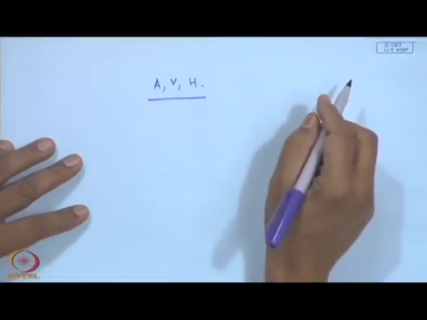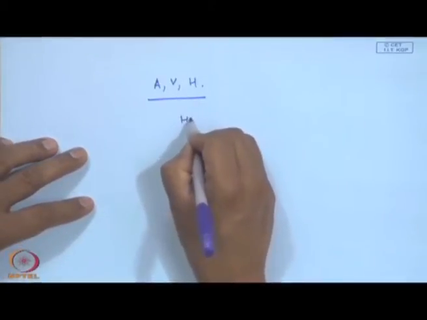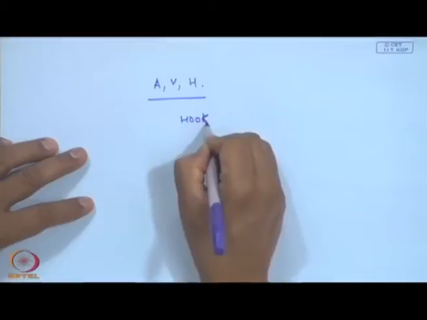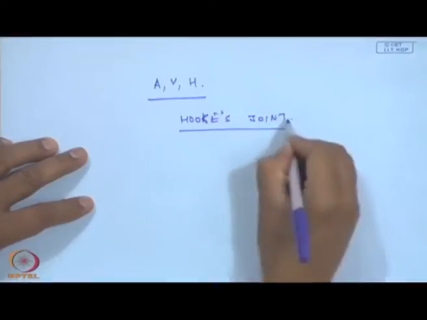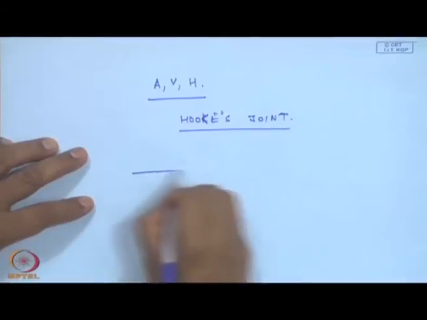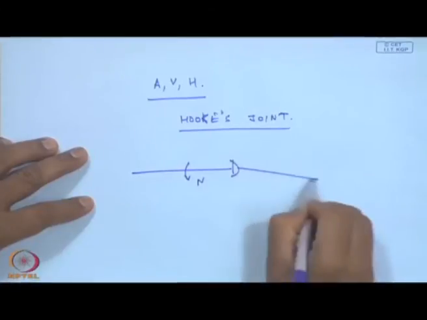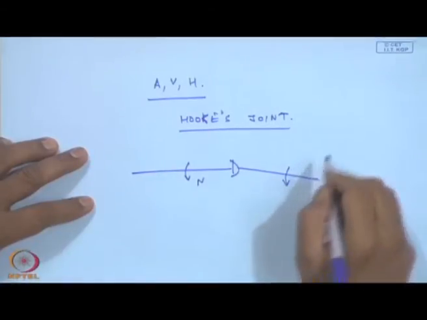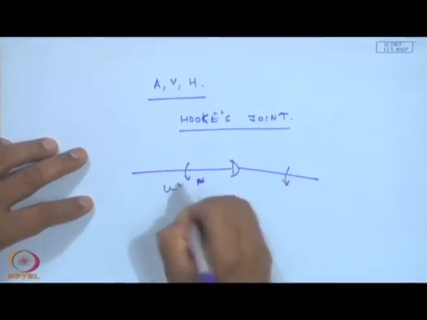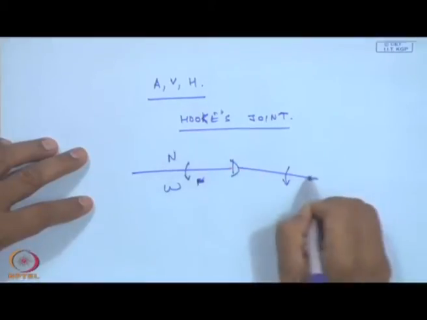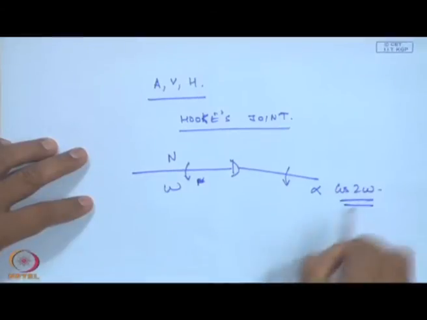And if you go back to the equations of the flexible coupling or the Hooke's coupling, the Hooke's joint, if I have an input shaft N rotating at omega, the output shaft speed will be proportional to cosine 2 omega.